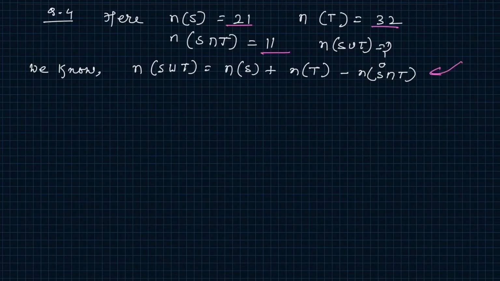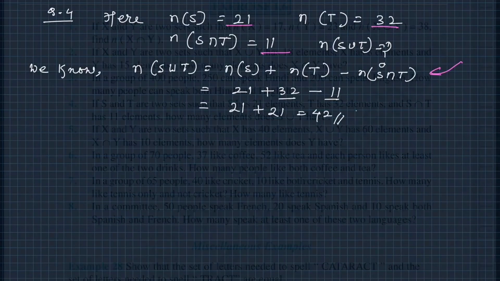Then we will get 21 plus 32 minus 11. 32 minus 11 is 21, and the sum of these two is 42. So that is our answer.